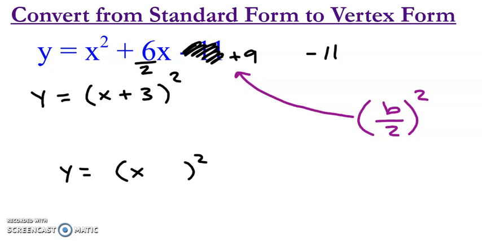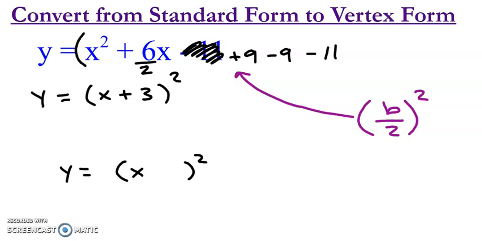If I add 9 to the right side, I need to either add 9 to the left side, or I would rather completely work with the right side of my equation and not even mess around with the left side. So if I add 9, I also have to subtract 9, right? Because 9 minus 9 is 0. So if I add 9, but I also subtract 9, I'm not changing what the equation tells me. I'm just changing what some of the numbers are inside.